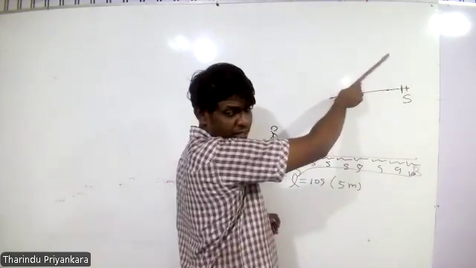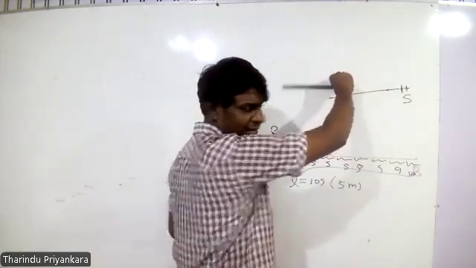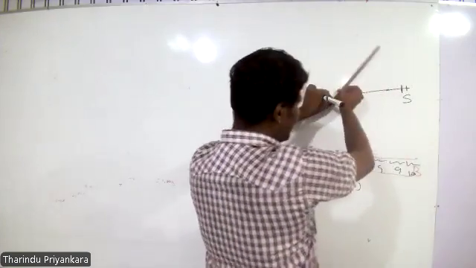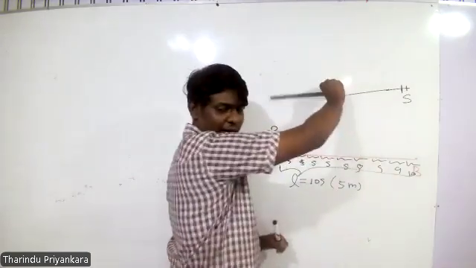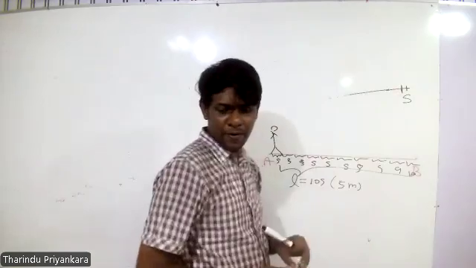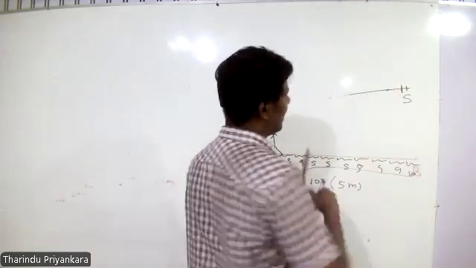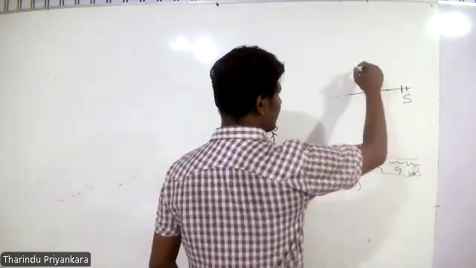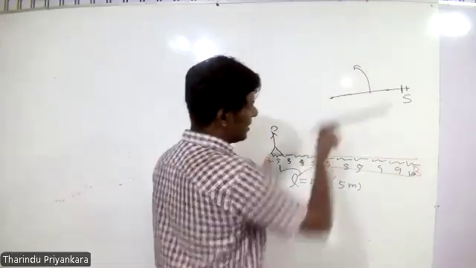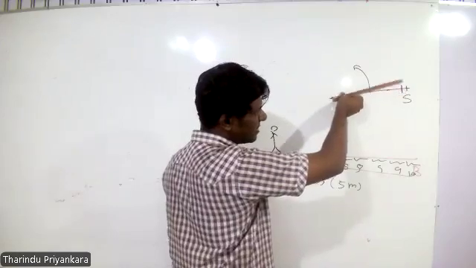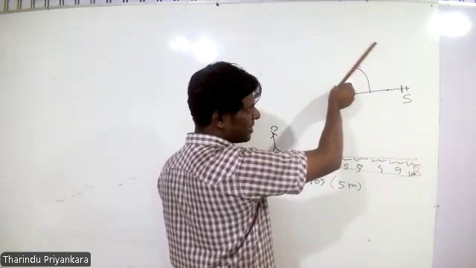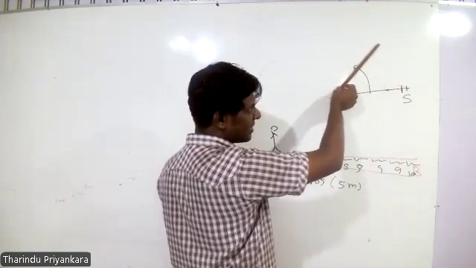I am going to move this in a circular path. See, it completes the path and comes back to the origin. Each time it is in a similar position, but it changed. What has only changed? It is in the same position, but you can see it has changed by a certain angle.